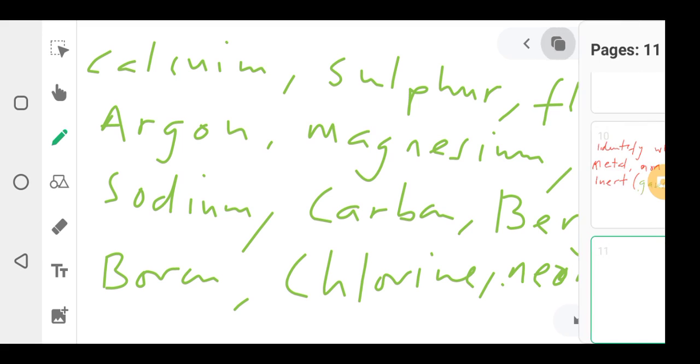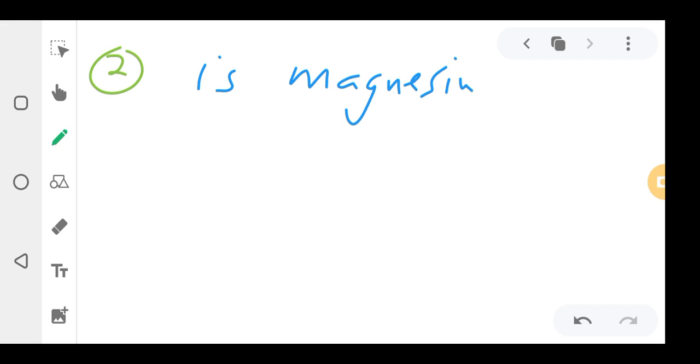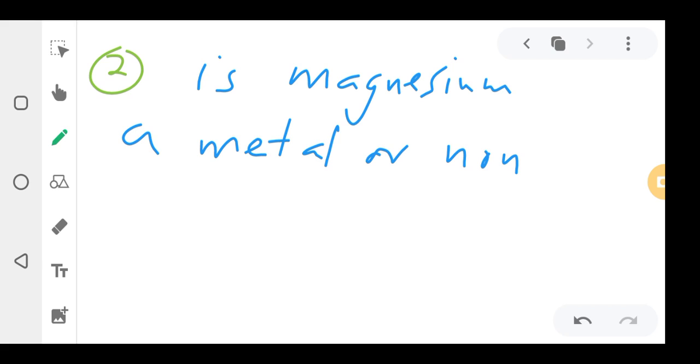So that's question 1. And then question 2: is magnesium a metal or non-metal?